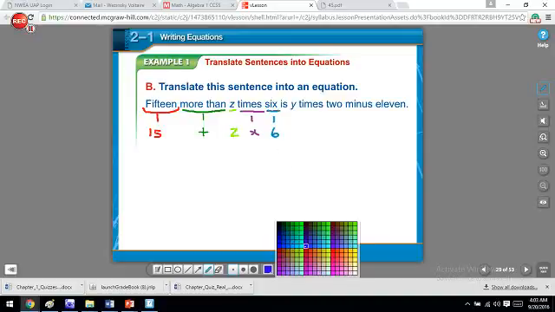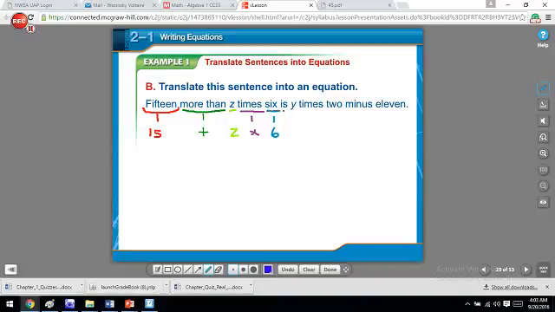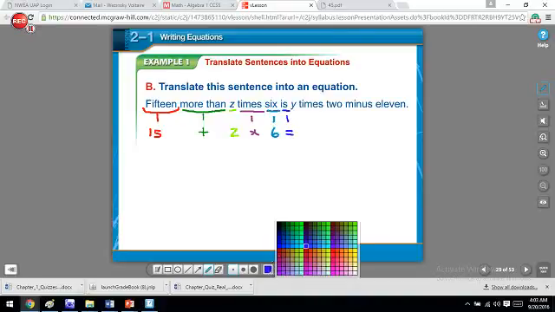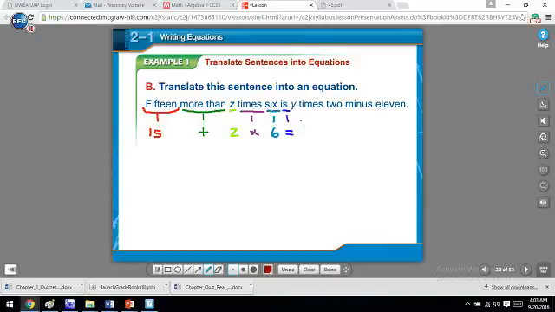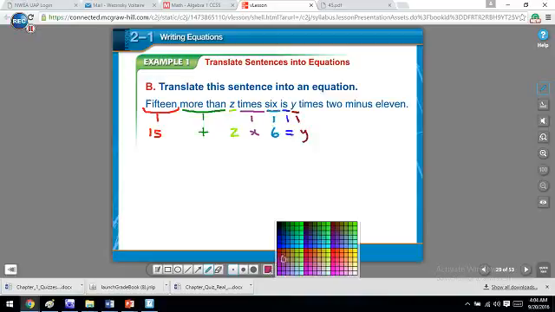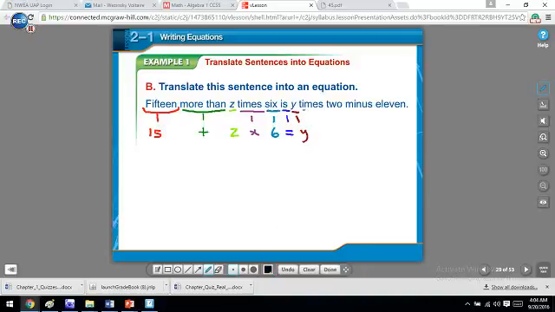Remember, "is," like I told you before, would represent an equal sign. We also have y. You can see I'm translating each of these words into an expression for this equation. Y, and of course we have multiplication, which is times.